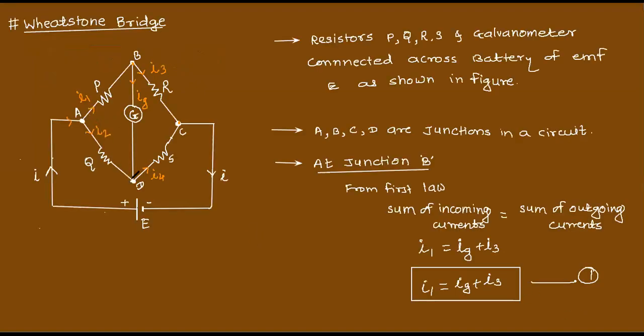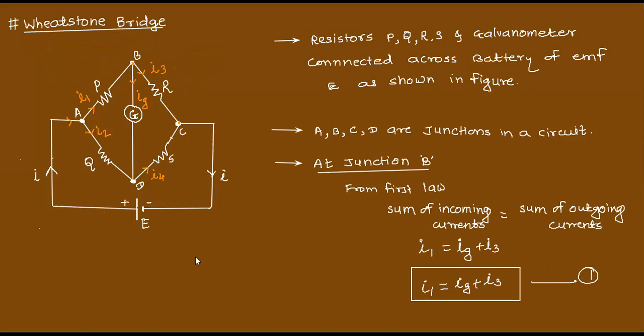So therefore here I am getting I2 plus IG is equal to I4. So this is your equation number 2, right? This is your equation number 2. Understand?